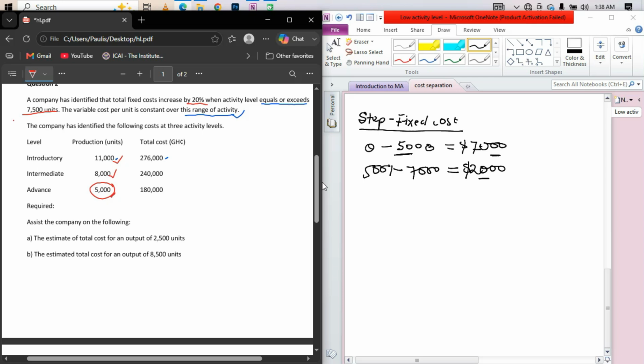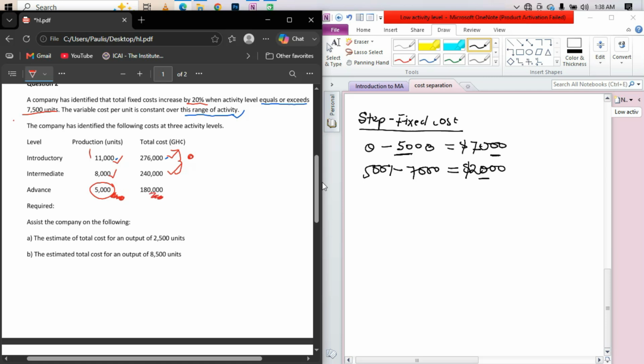So if we are operating here, the fixed cost that we get here, if you increase it by 20%, should give you the fixed cost that should be here. Then if we are operating here, the fixed cost that you get here, if you reduce it by 20%, should give you the fixed cost that we are going to get here.